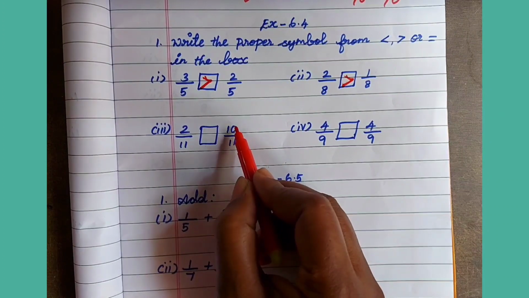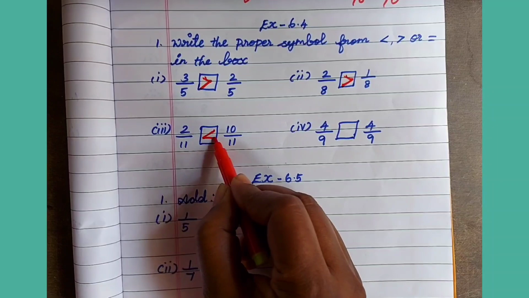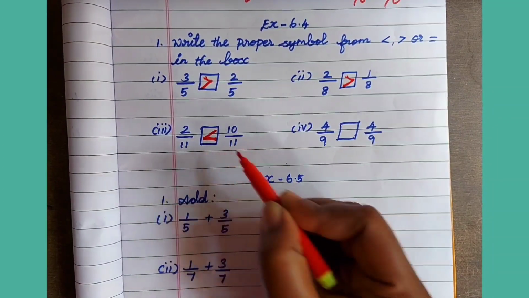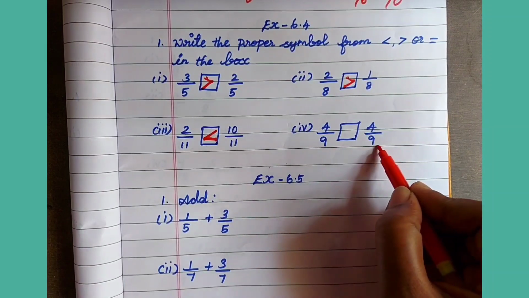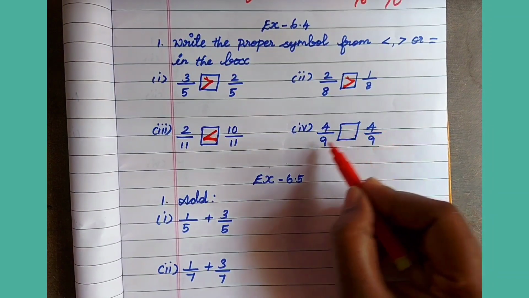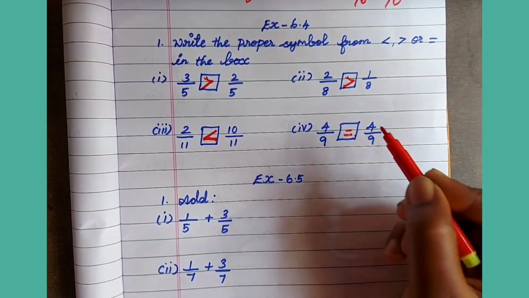Which one is bigger? 10 is the big value. So we write less than. Next one, 4 by 9, 4 by 9. Denominator is the same, numerator is also the same. So 4 by 9 is equal, put the equal symbol.